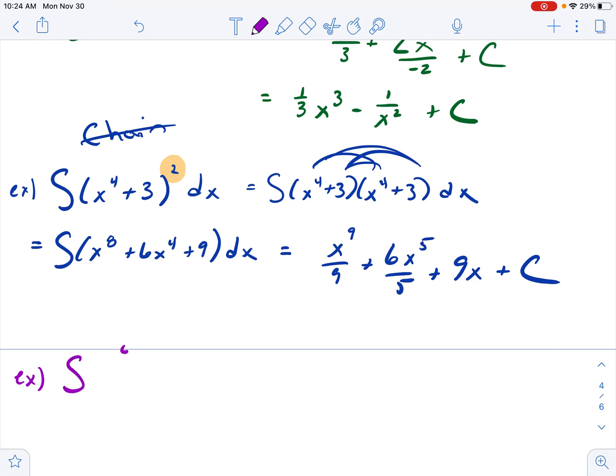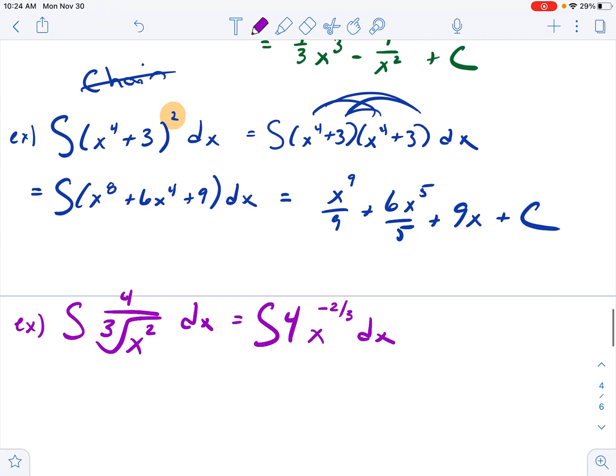Okay, just a couple examples here. What if I have something like 4 over the cube root of x squared dx? Okay, so think about how you're going to rewrite that. I'll keep the 4, and then that's going to become x to the negative 2/3 power. Okay, and now integrating, I'll keep the 4.